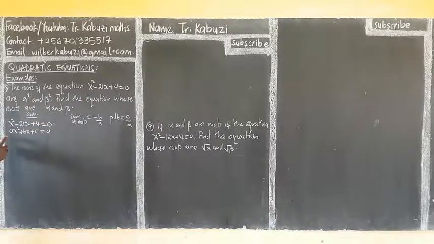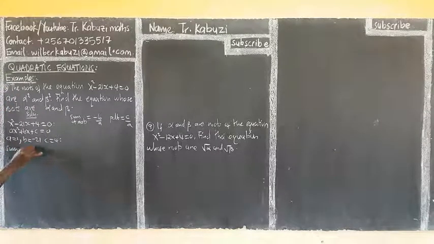So now, if I compare, here my a is 1, my b, the coefficient of x, is negative 21, and then c is 4. Now, the sum of these two roots, I come and get their sum. So the sum is alpha squared plus beta squared.